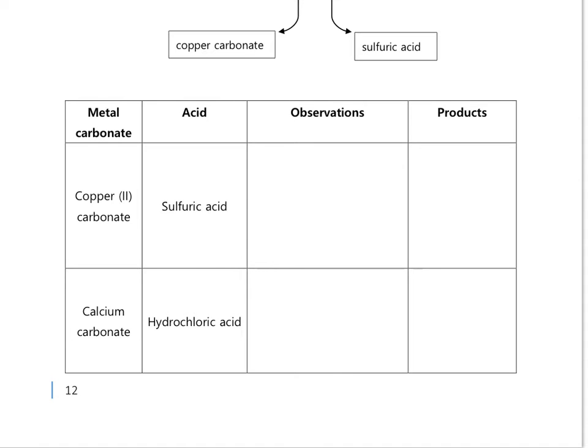First one we have is copper carbonate plus sulfuric acid. And just to let you know, copper carbonate is a green powder. It's a sort of turquoisey green, but it's just called green. And copper carbonate is green, and we'll see that next week. What we see with this reaction, and again you have to think of your general equation.